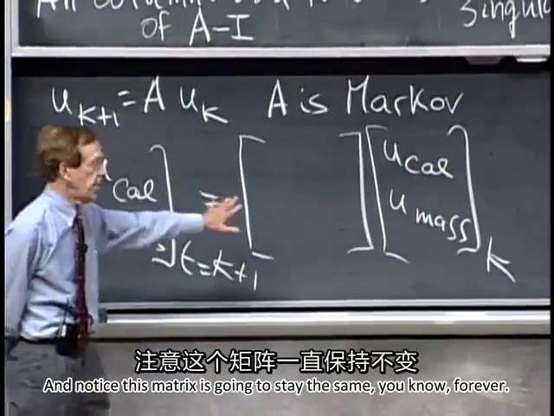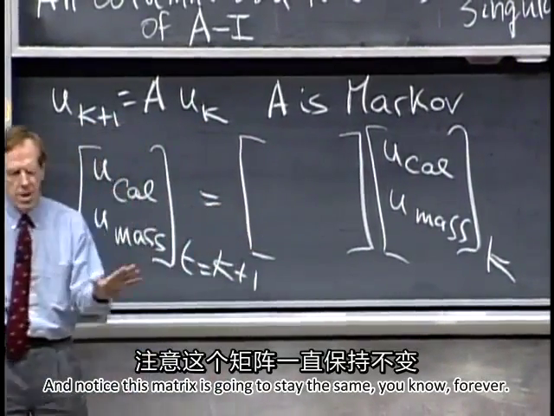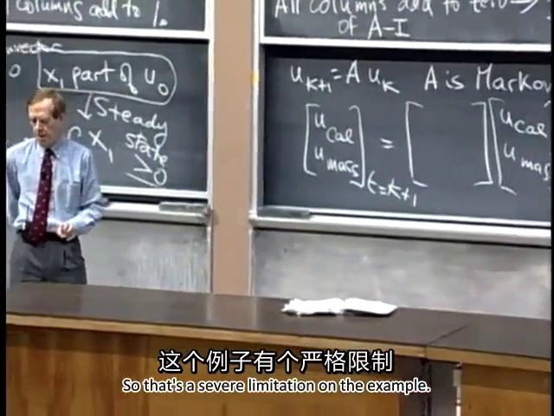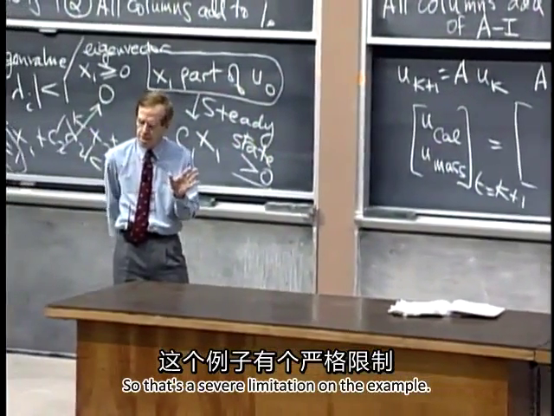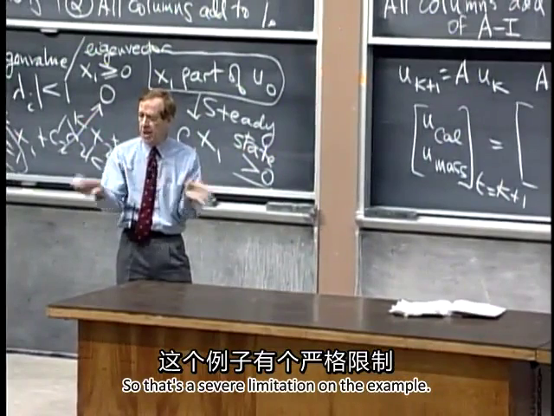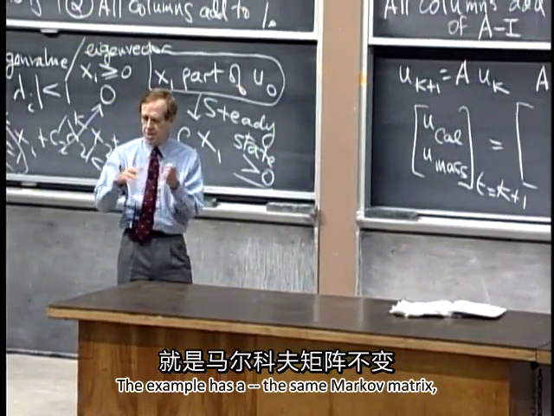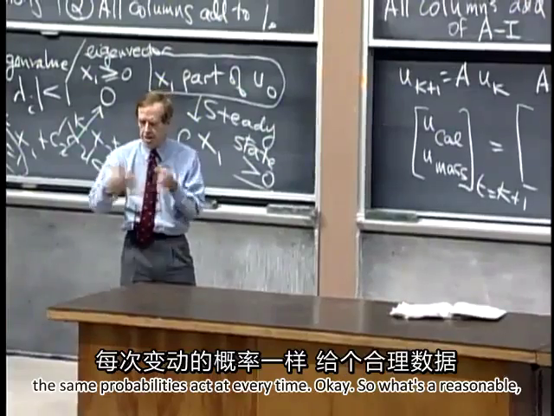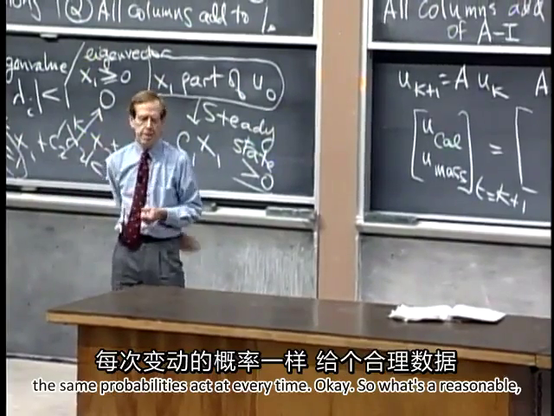And notice this matrix is going to stay the same forever. So that's a severe limitation on the example. The example has the same Markov matrix, the same probabilities act at every time.